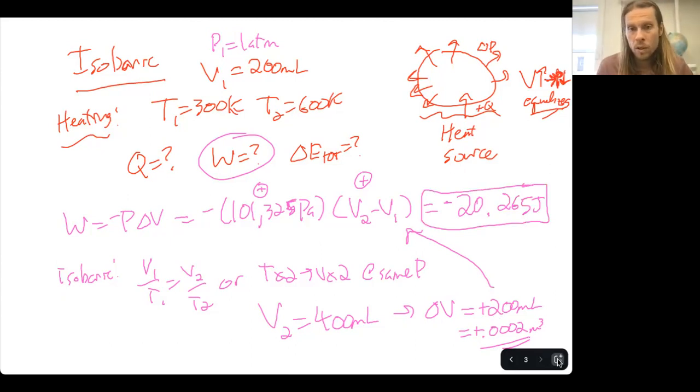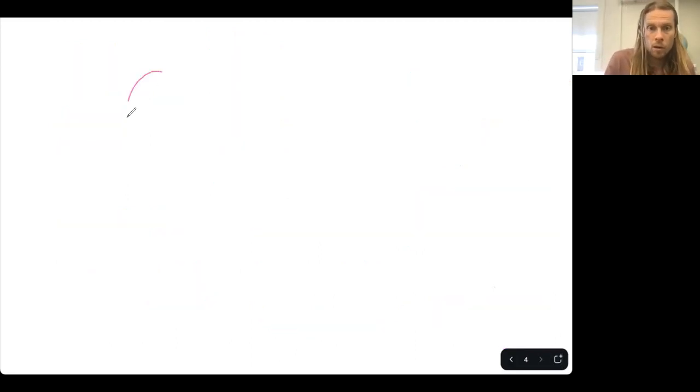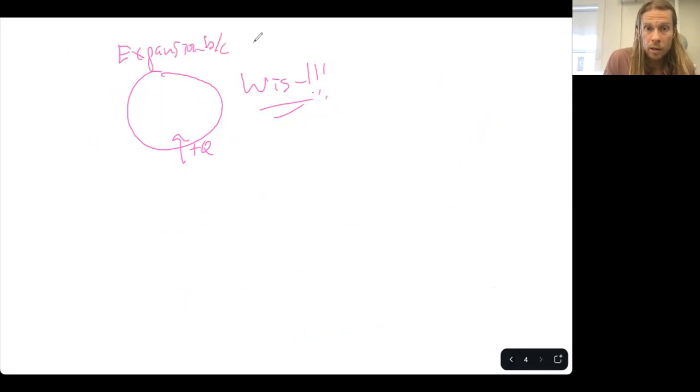So what's interesting is that if you remember, say I heat something up, the work is negative, and I allow it to expand. It expands because of the pressure gradient, right? But in doing so, it actually loses energy.